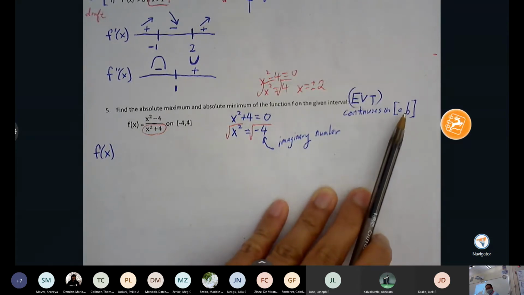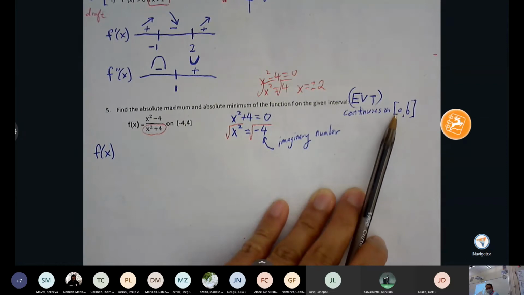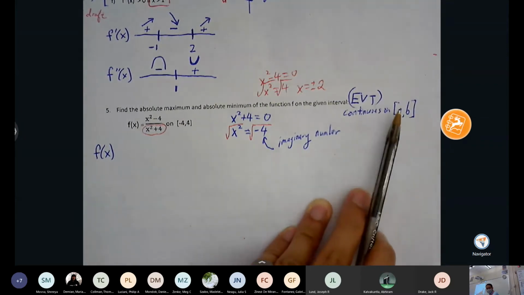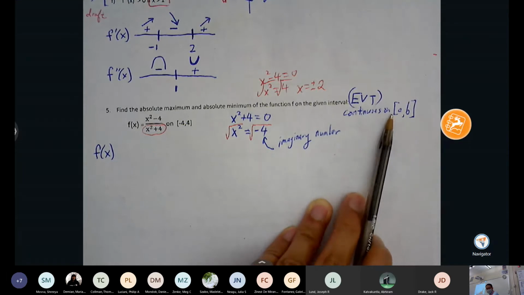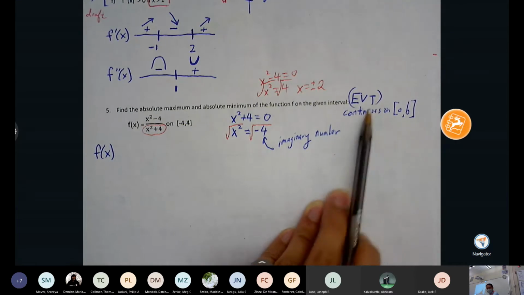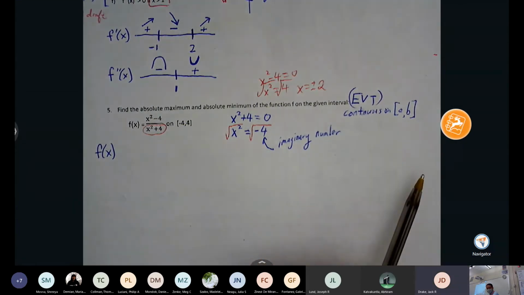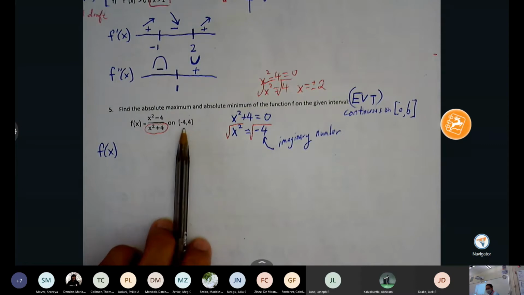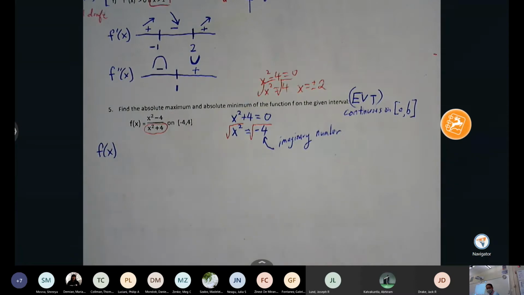If there's a vertical asymptote either between the endpoints or on the endpoint, it's going to cause the continuity condition to fail. Okay, so it's got to be outside of -4 and 4. That's right. It's got to be less than -4 or greater than 4 if the location of the asymptote is going to pass the continuity condition.